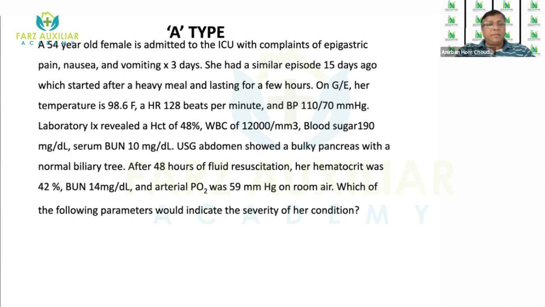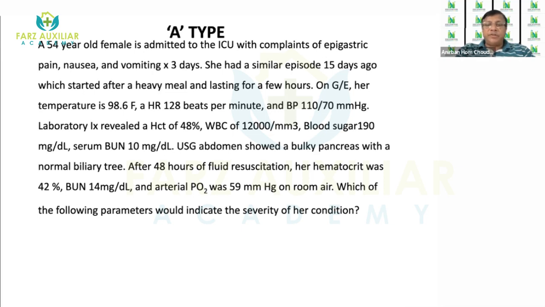On general examination, her temperature is 98.6 degrees Fahrenheit, heart rate is 128 per minute, BP is 110/70. Laboratory investigations reveal a hematocrit of 48%, kindly note this, WBC of 12,000, blood sugar of 190, serum BUN of 10. USG abdomen showed a bulky pancreas with a normal biliary tree.